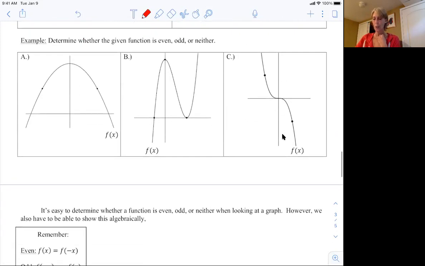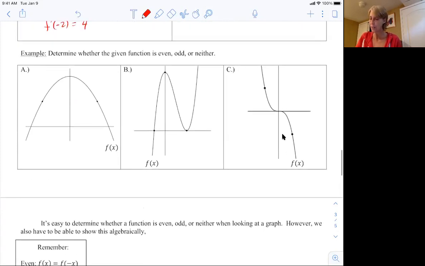Visually, when we're looking to see if something is even, odd, or neither, all we have to do, if we have the graph in front of us, is look at the picture. An even function is symmetric with the y-axis, an odd function with the origin, and neither is if I see no symmetry.